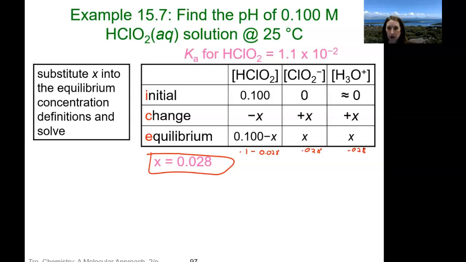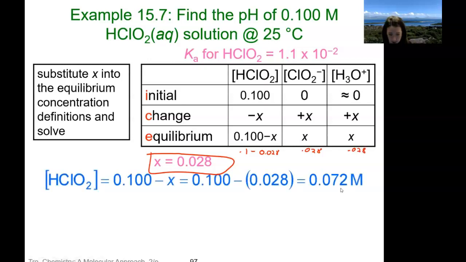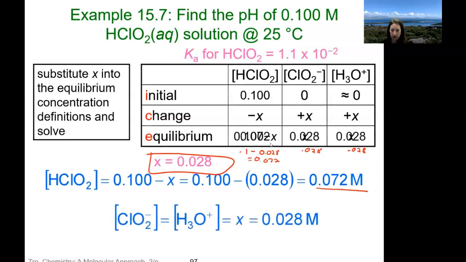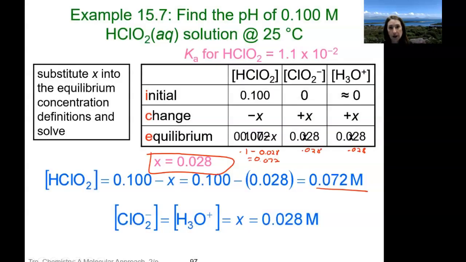If we plug all those in, here's our change. So this equals 0.072. Now again, we don't necessarily need all of these, but they're good to check in the end. This is really the one we care about. Now we just need the negative log of this, and we should be good.